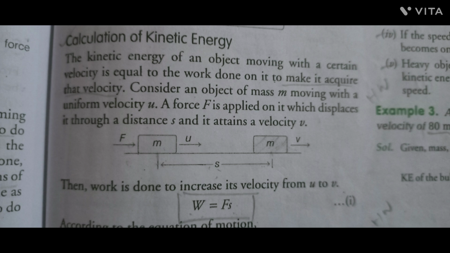So work is done to increase its velocity from u to v, which can be represented by equation number 1, that is W is equal to Fs, where W represents work done, F stands for force applied, and s is the displacement in the direction of force.